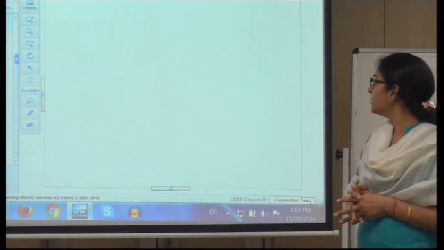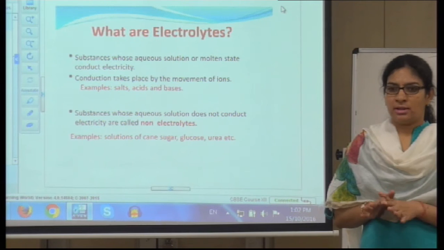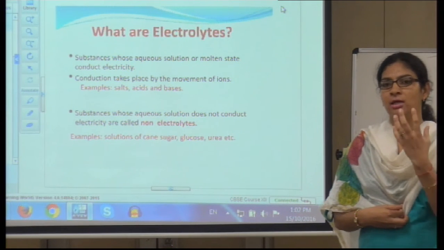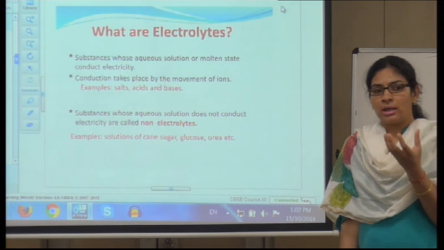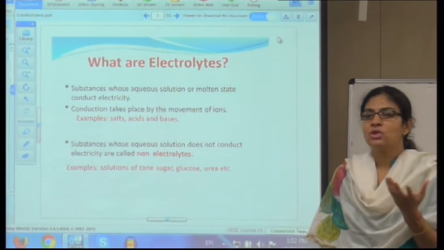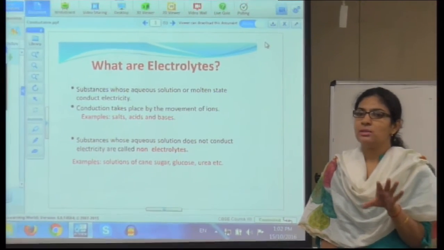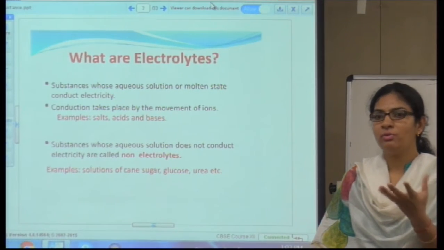First of all, when we talk about conductance, the very first thing that comes to our mind is what type of substances can conduct electricity and are responsible for electrolysis. We call such substances electrolytes. How do we define them?